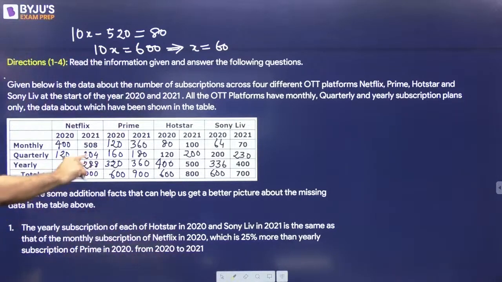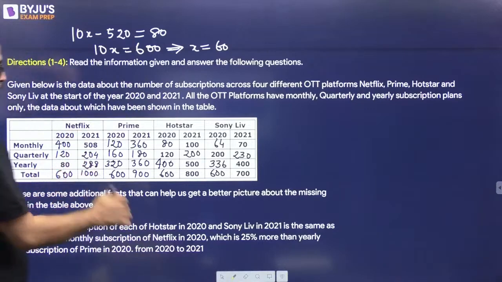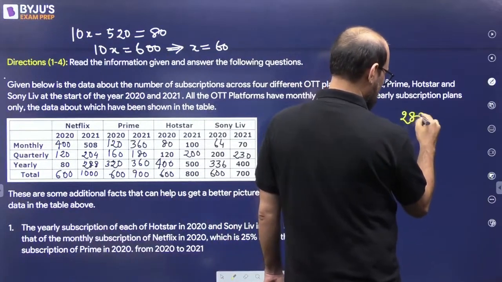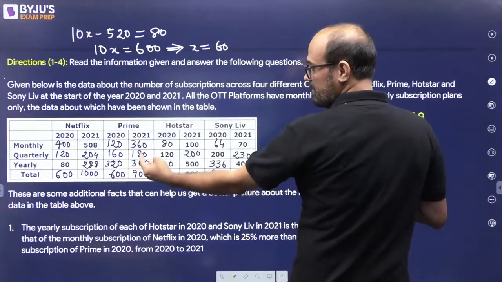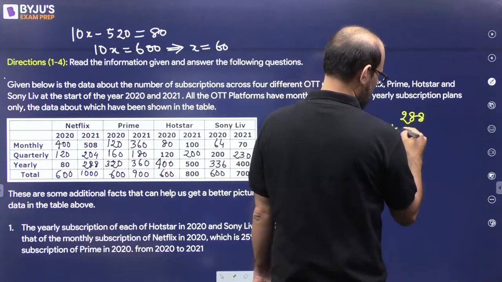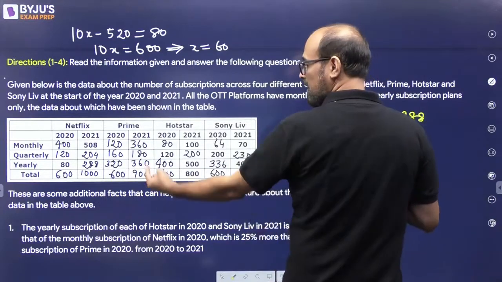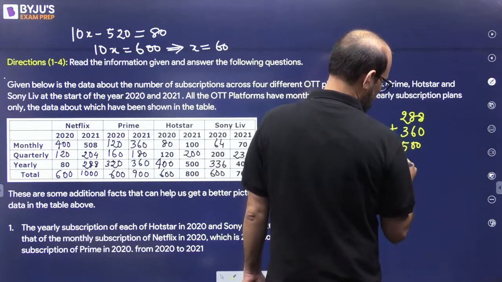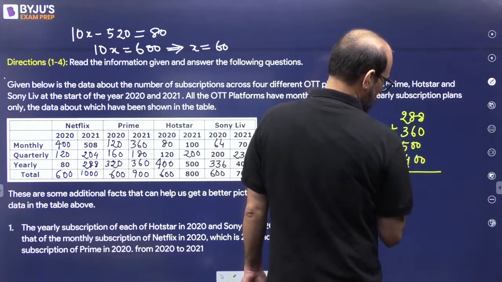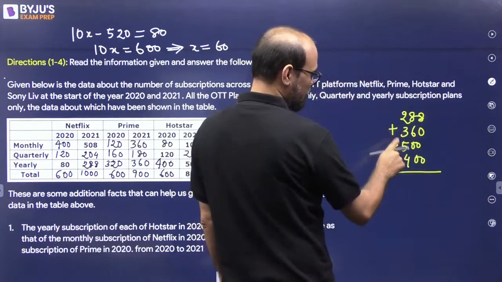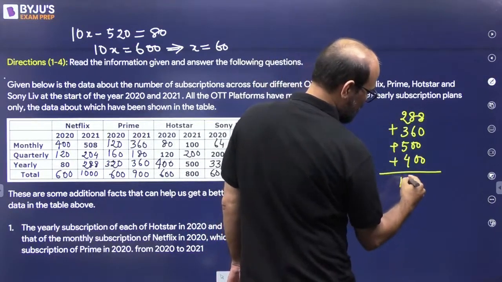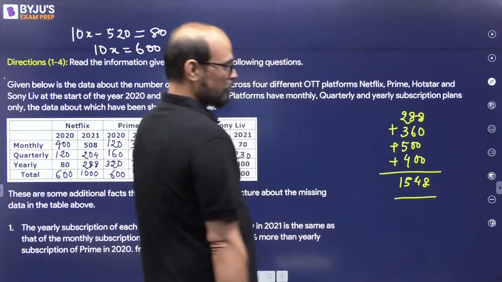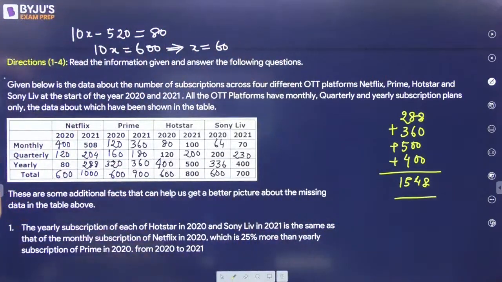So if you only look at yearly subscription for every year, we have 288. तो मैं इधर सॉल्व कर लेता हूं. And then we will have 360, and then we have 500, and then we have 400. So this is going to be 5, 10, 14, 1500 and 48. 1548 है total.